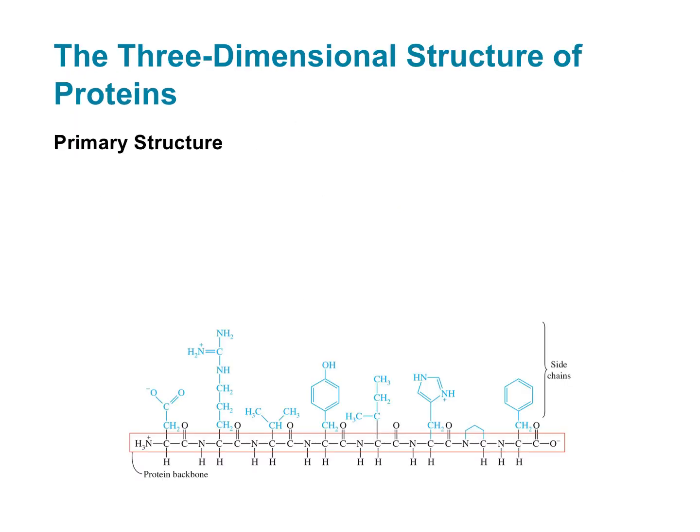Now, let's talk about the three-dimensional structure of proteins. We've already talked somewhat about a primary structure of proteins, and the primary structure of proteins is just the amino acid sequence. Right? And that's just the order in which the amino acids are joined together.